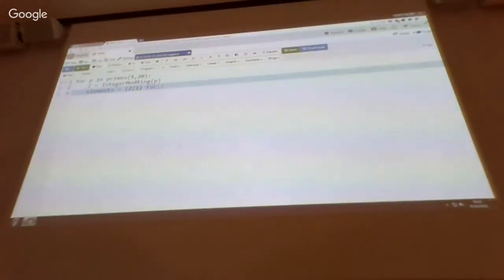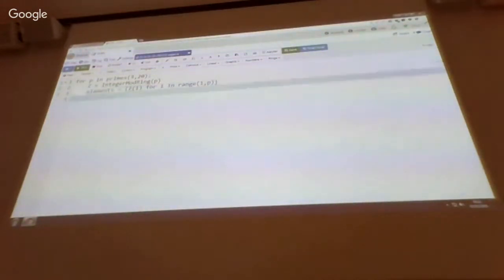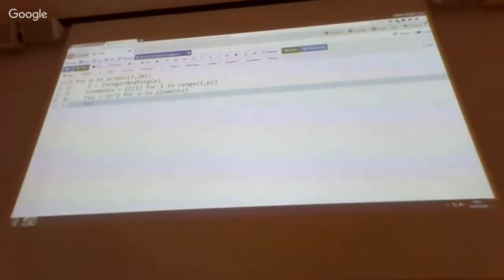Set the residues to be a set of all the n squared for every n in the elements set that I just defined. And then the non-residues, because remember the quadratic residues are the squares of something, I'll set to be the elements not in the residues.